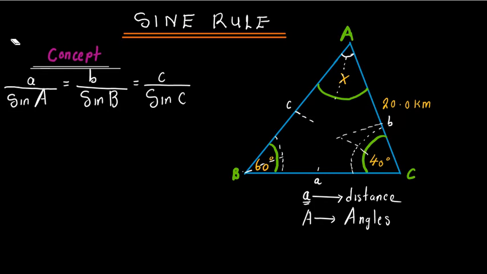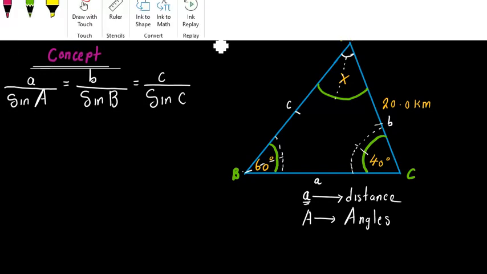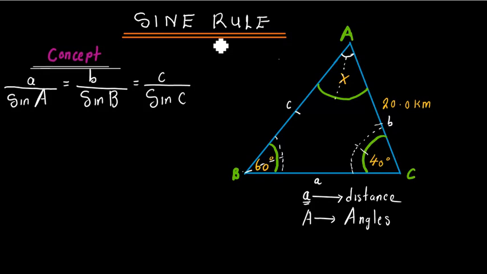We use the sine rule whenever we have only been given one distance. In this case, we've only been given 20 kilometers. The other sides have not been given. So in this case, we shall use the sine rule.